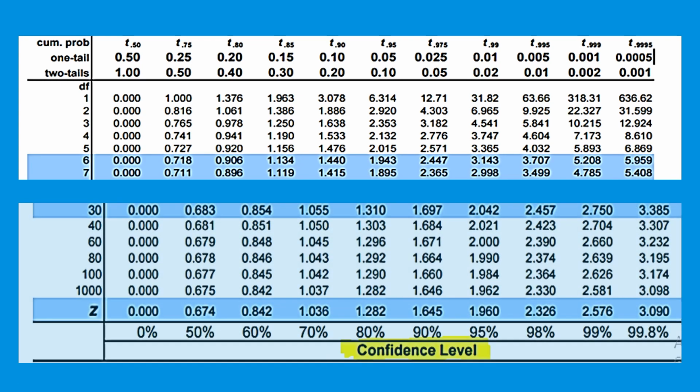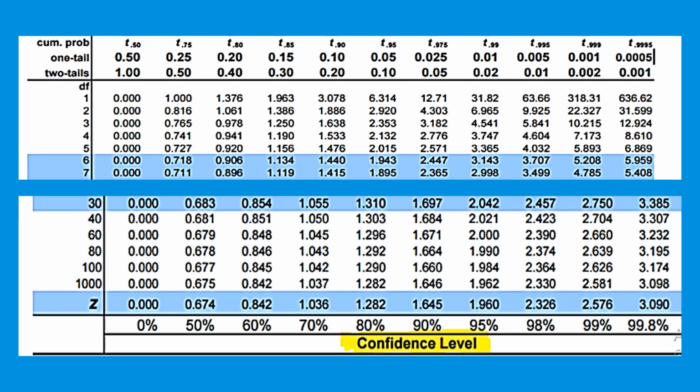Sa bandang baba nito, dito natin makikita ang confidence level. Ito yung naka-percent form. At sa tapat nito sa itaas ay ang confidence coefficient o ang kanyang corresponding value. Halimbawa, the desired confidence level is 80%. Ating i-shade ang 80%.